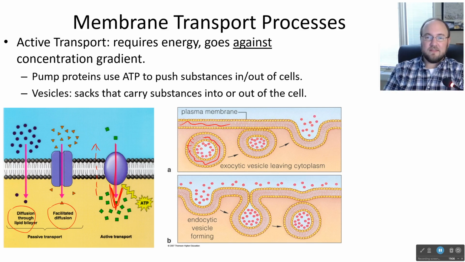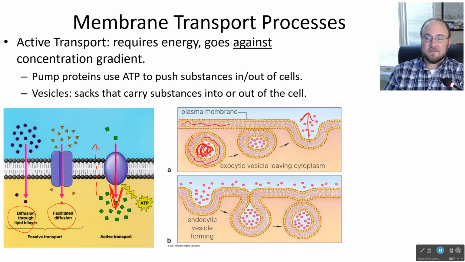Maybe the cell has made something, whatever protein or substance is in here, and the cell needs to release it. So this vesicle will get carried, and some other proteins will help to carry it using energy. It gets carried close to the edge of the membrane, it'll eventually join up, and bloop, it kicks out whatever it's carrying.